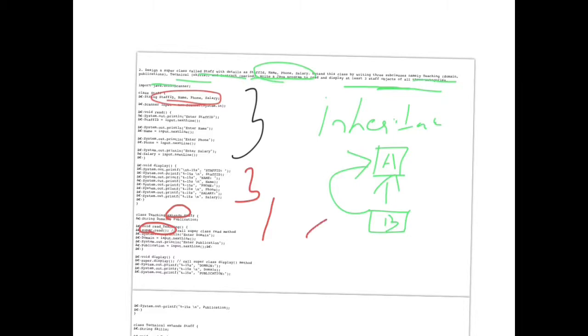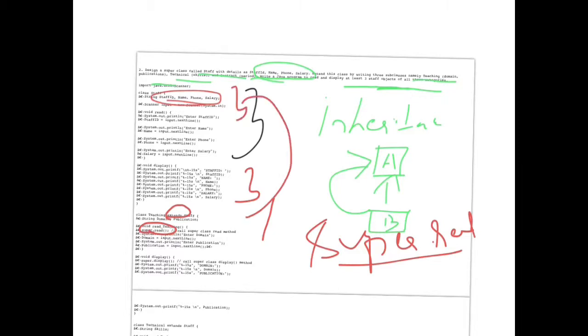Are you getting? Now we have given super.read. If I give the keyword super.read, it should be the first statement of the subclass, where you inherit the values of the main class into the subclass.